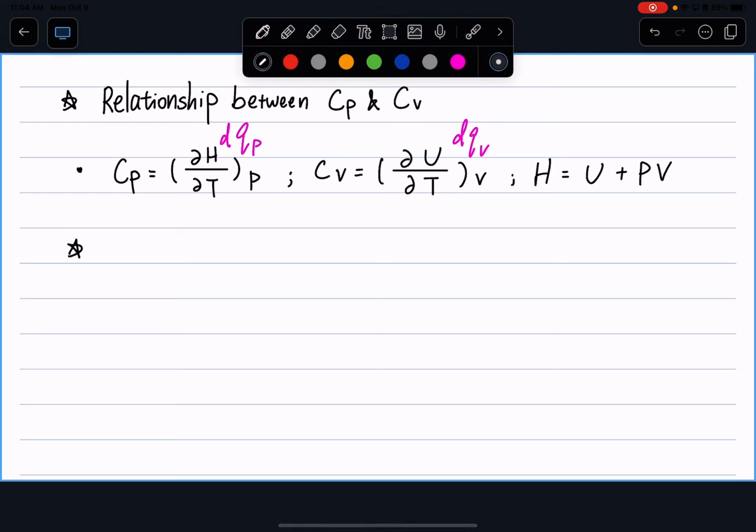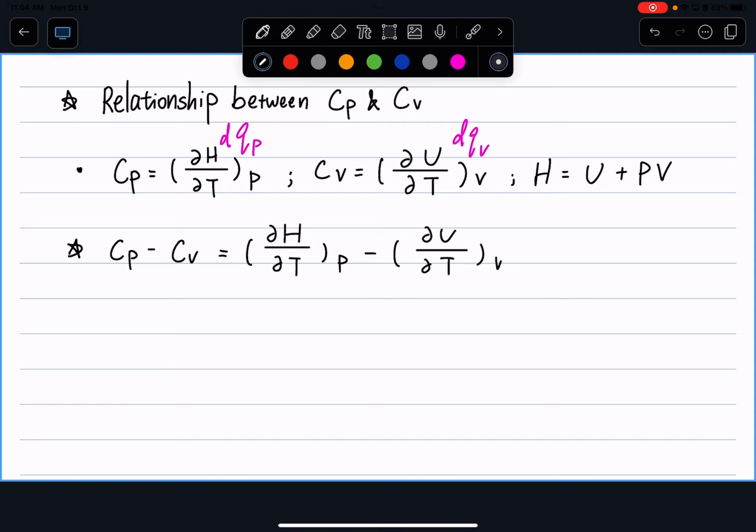What we have here is Cp minus Cv. We're just plugging in these terms: the partial derivative of H over T at constant pressure, minus the partial derivative of internal energy over T at constant volume. And here, let's plug in this relationship.